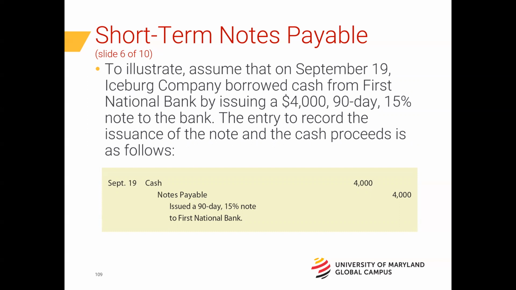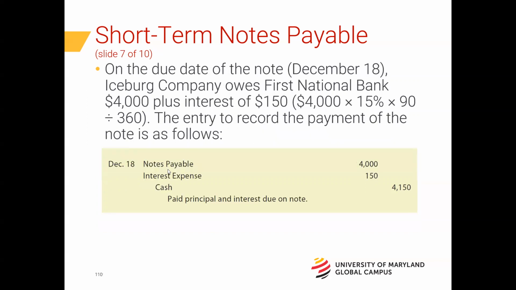Okay, so I debit cash because I took out a loan from the bank. Bank gave me cash. I put the cash in my account, $4,000. So debit cash to increase cash, and credit notes payable to increase notes payable, $4,000. 15% note, 90 days. 90 days goes by.